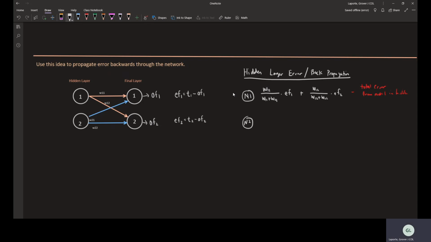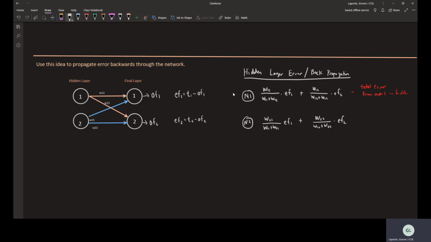If we do the same process with node 2, we'll get W21 over the same denominator, because it's a normalizing constant, times EF1, plus W22 over W12 plus W22 times EF2. We can label this as the total error coming from node 2.